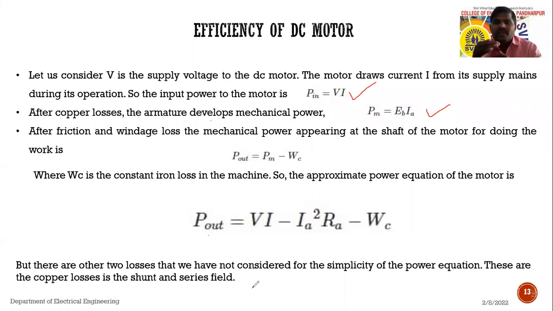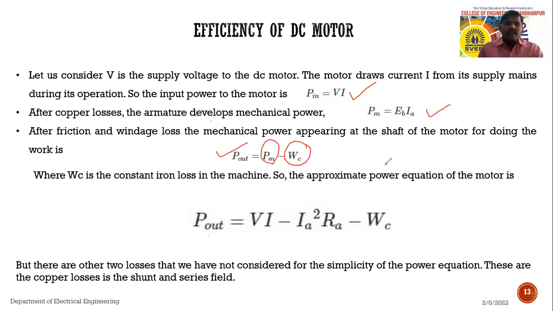So if we consider these core losses and the mechanical losses in the constant losses term, then we can subtract WC, that is constant losses of the motor, from the mechanical power developed in the armature, then we will get the actual output power.